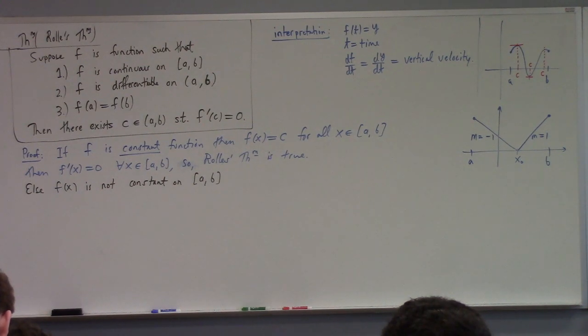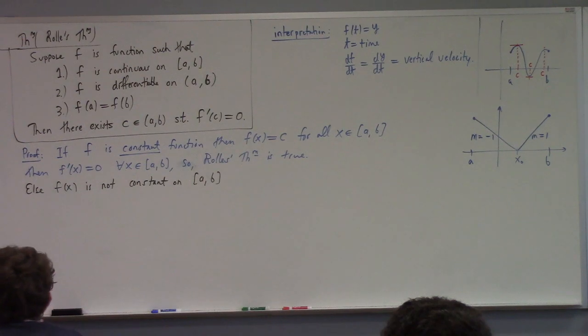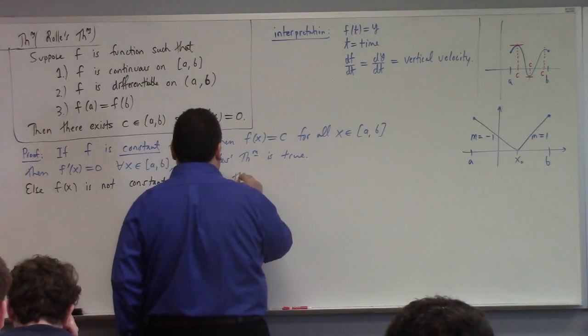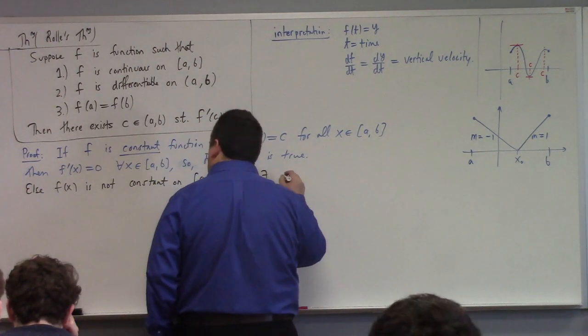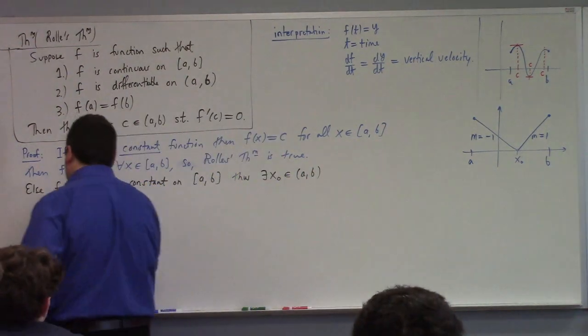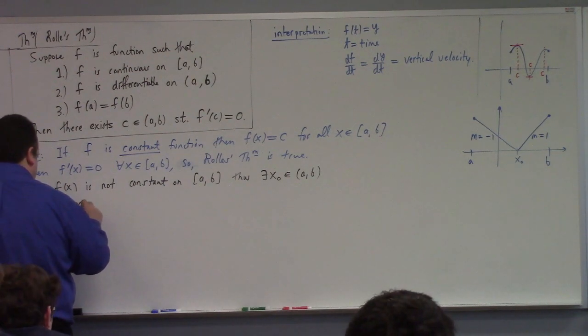So the hint in my notes is useful, of course. Thus there exists x naught in (a, b) such that f of x naught is what?